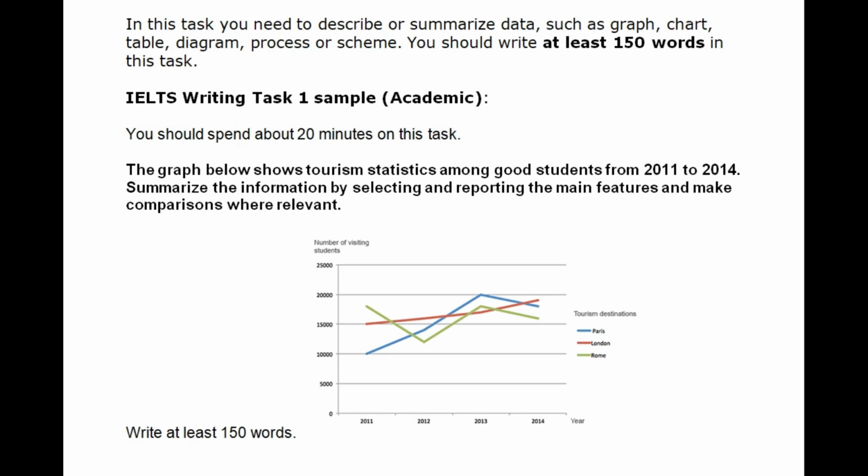There are three lines in different colors. One line represents Paris, one line represents London, and the other line represents Rome. This is the graph. You write about the graph in at least 150 words.